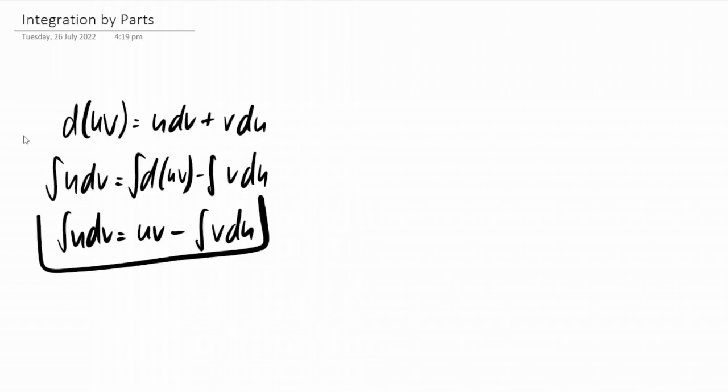an example. We have the integral of x squared times e raised to negative x dx. Now, as you can see from here, we have the u and the dv, but in the formula we need the uv and the du.